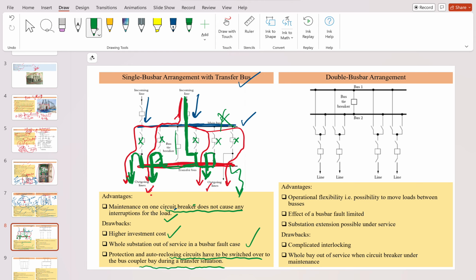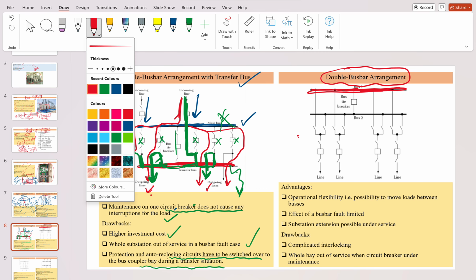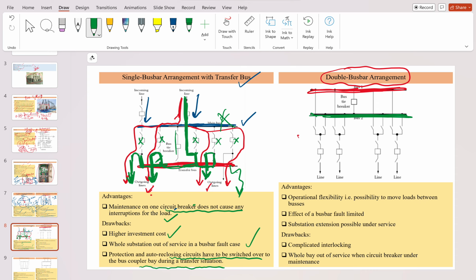So multiple protection or auto reclosing circuits have to be kept. Suppose I want to show the double bus bar arrangement. Suppose this is one main bus, and you have another, which is bus 2. Suppose I want to transfer power to line 1 here, so it will be like this.